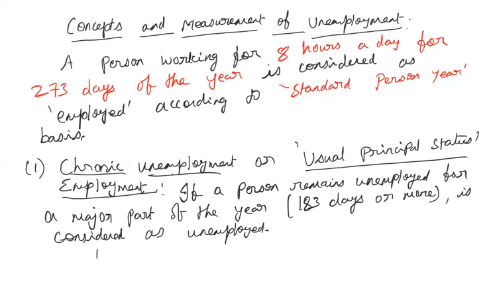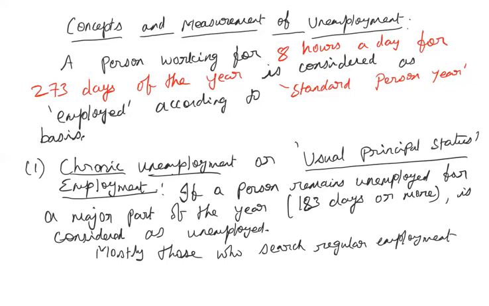So mostly those who search for regular employment, like educated and skilled labor force, because the unskilled, uneducated labor force won't wait for a major part of the year searching.